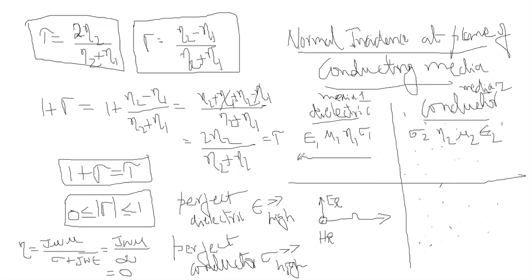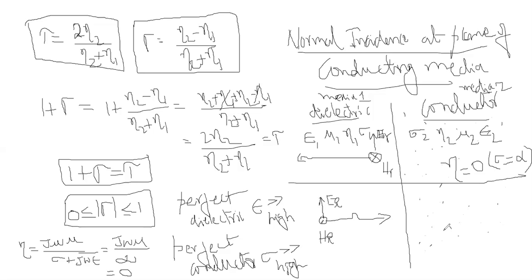The reflected ER and HR. No transmission here, because the conductivity is high and the intrinsic impedance is 0, since eta is equal to 0 and sigma is infinite.